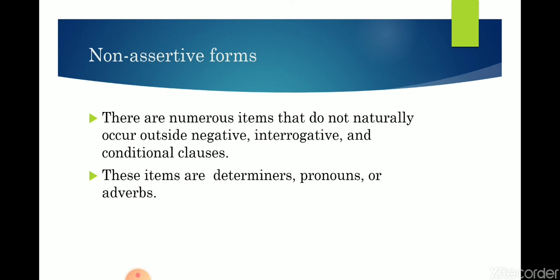Now we come to an important subject related with the subject of negation in some way, which is the non-assertive forms or non-assertive words. There are numerous items that do not naturally occur outside negation, interrogative, and conditional clauses. So what does that mean? We have a set of words.